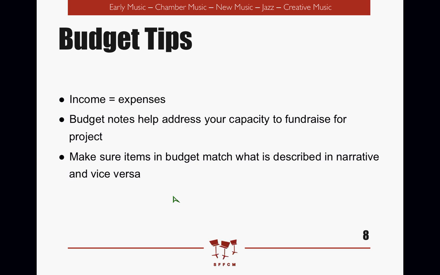But then we end up looking at your budget, and we see that you have very little PR and marketing costs in your budget. Well, that's a case where there's a disconnect between what you're saying in your narrative versus what you're saying in your budget.